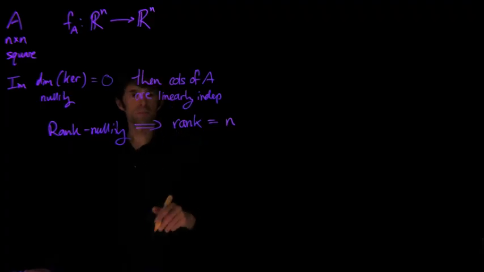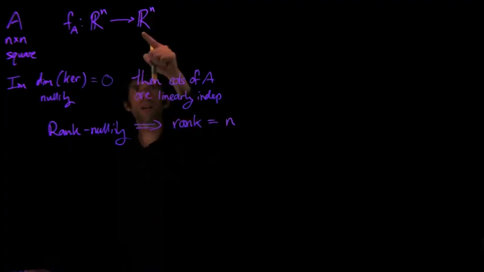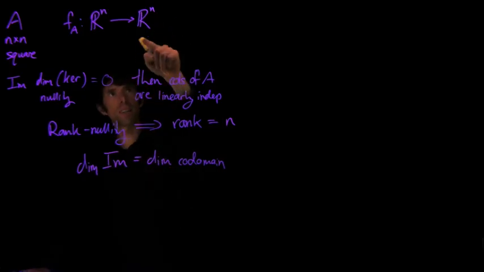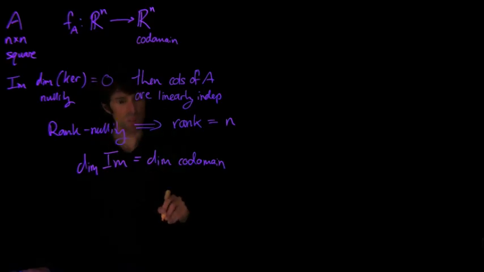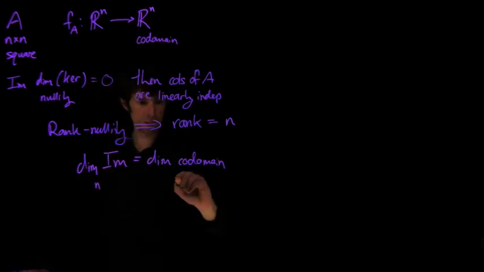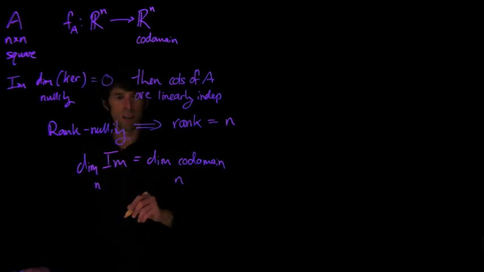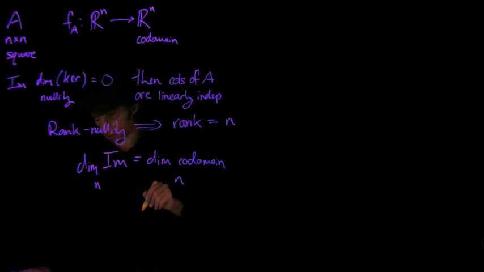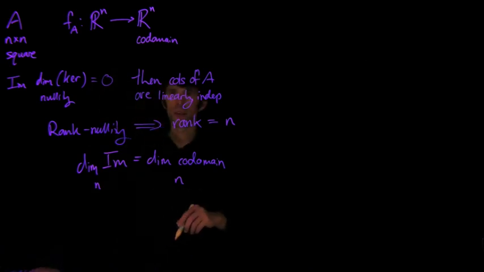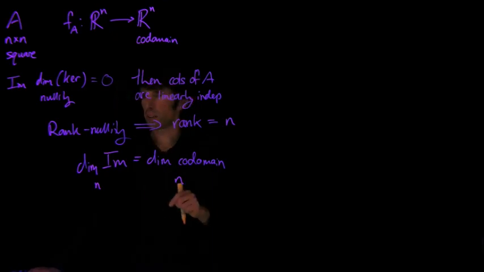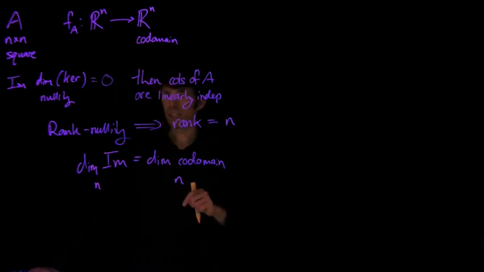So the image has dimension equal to the codomain. Normally, the image sits inside the codomain here. Here we're in a situation where the dimension of the image is n and the dimension of the codomain is n. And the only way you can have an n-dimensional thing sitting inside an n-dimensional thing is if it's the whole thing. So we've got the kernel is just the 0 vector. The kernel is 0-dimensional, and the image is everything.